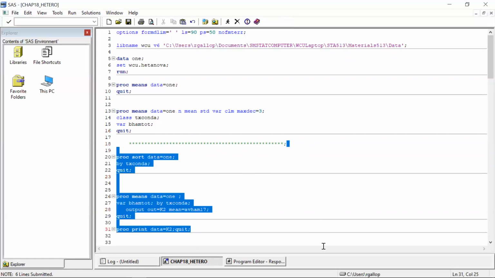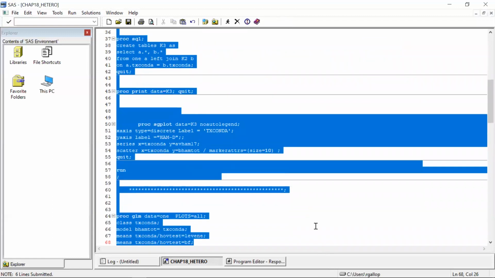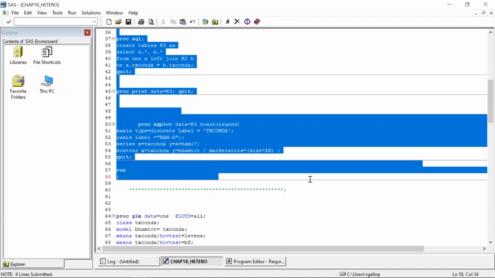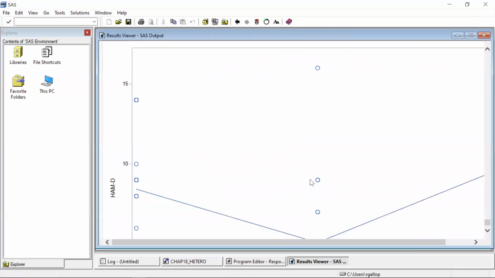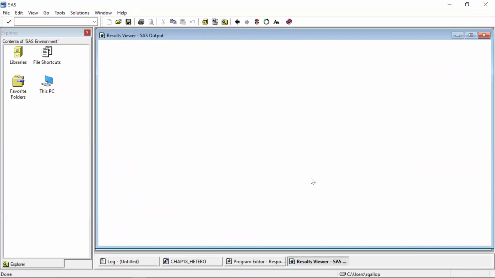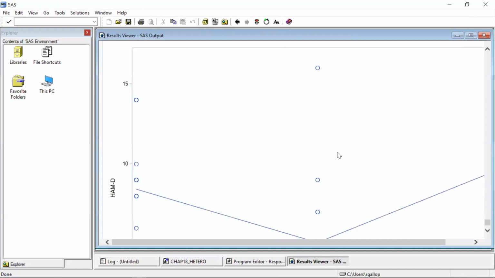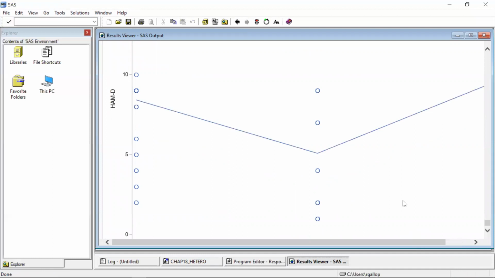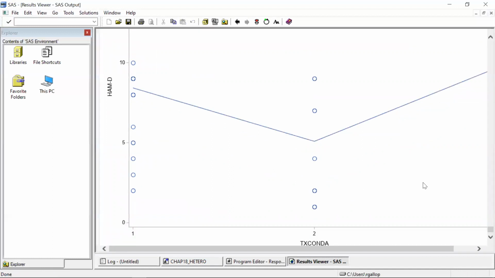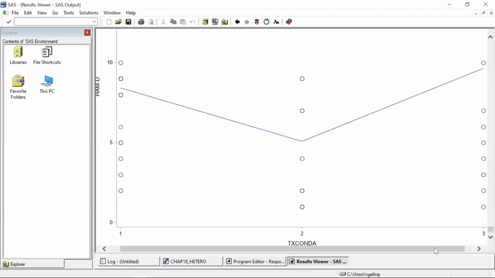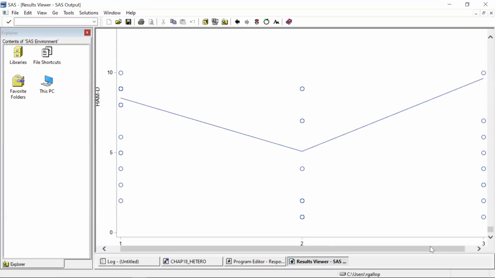Now, to show you a little of the data, let's look at some of the graphics. So here's the plot. See if I can get to it. Right, so we go right there.